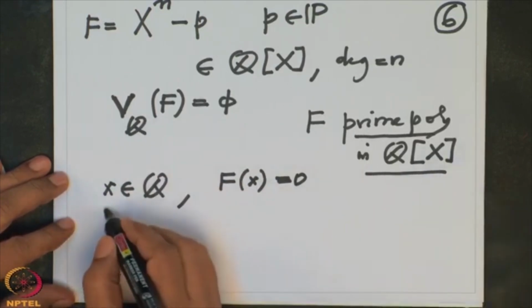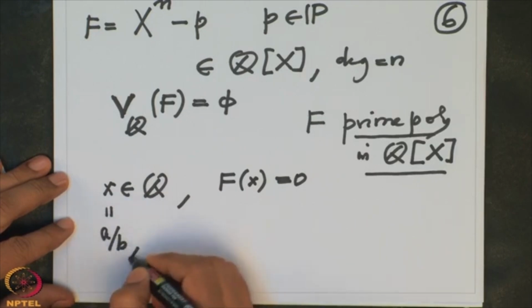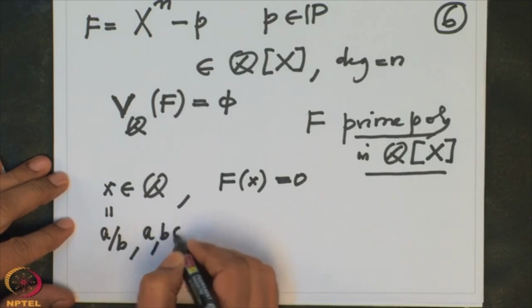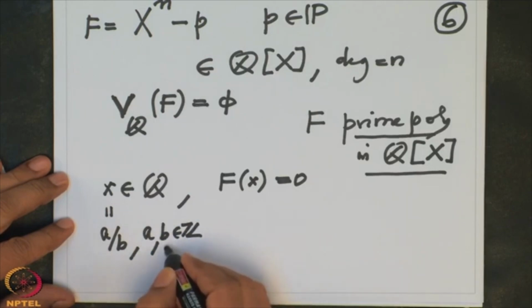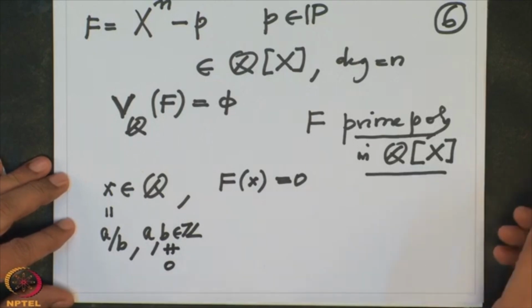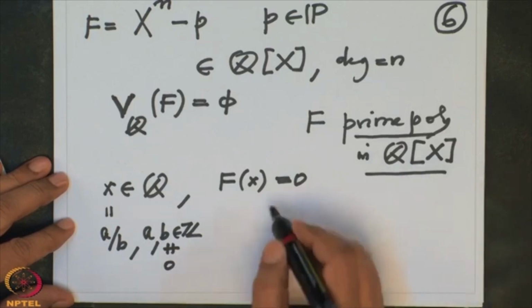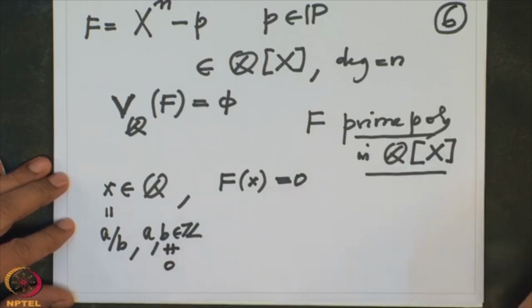So x is a rational number, so x will be of the form a by b, where a, b are integers and b is non-zero. Any rational number by definition is like that. And then I want to check that f(a/b) cannot be 0.